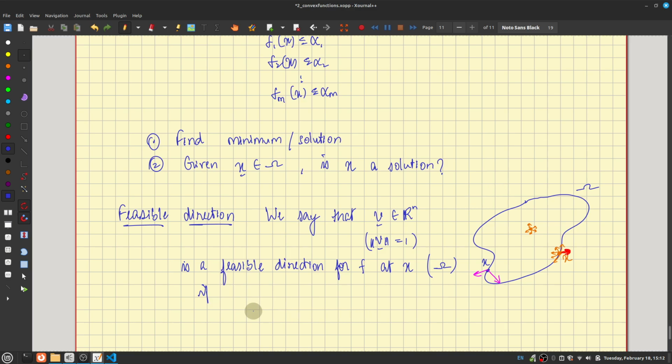If basically I can find some alpha which is greater than 0 such that x plus delta times v belongs to omega for all delta between 0 and alpha.